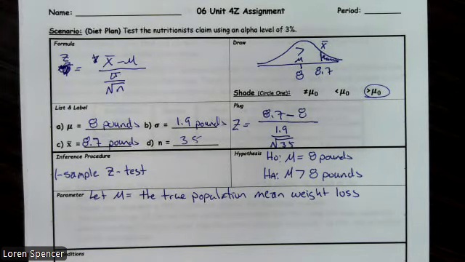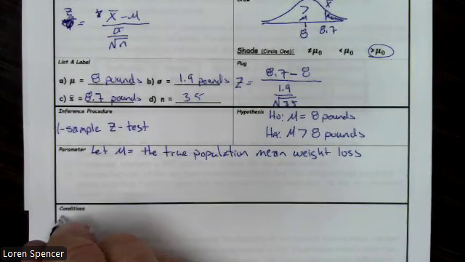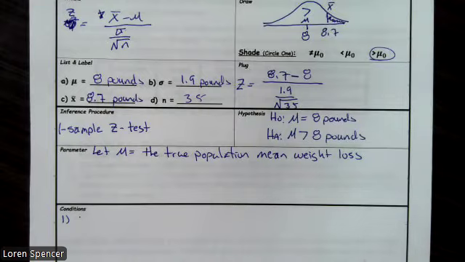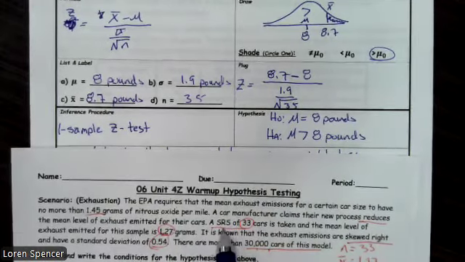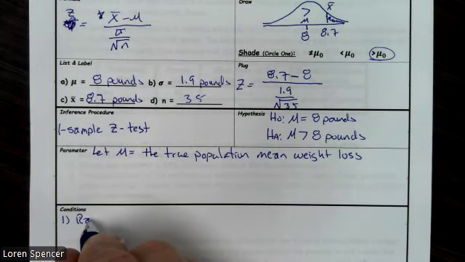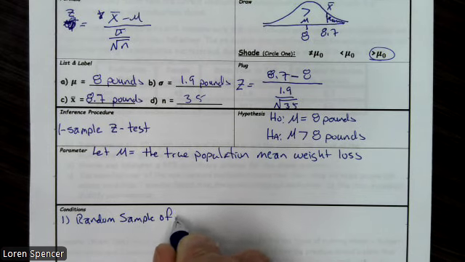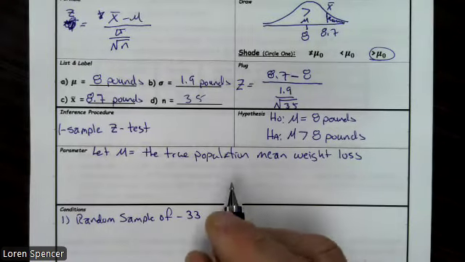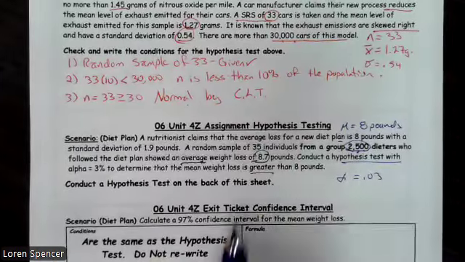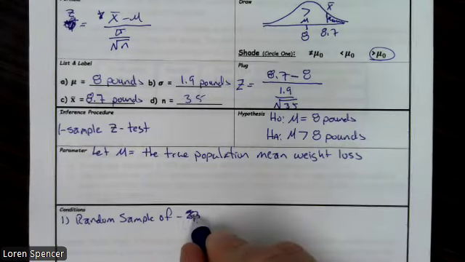All right. Well, our first condition. Our first condition was, is it a random sample? So we need to go back and look and see, let's take a look at that real quickly. So the first condition is random sample. And when we look back, this says a simple random sample of 33. Oh, excuse me. I was looking at the wrong problem. Random sample of 35.